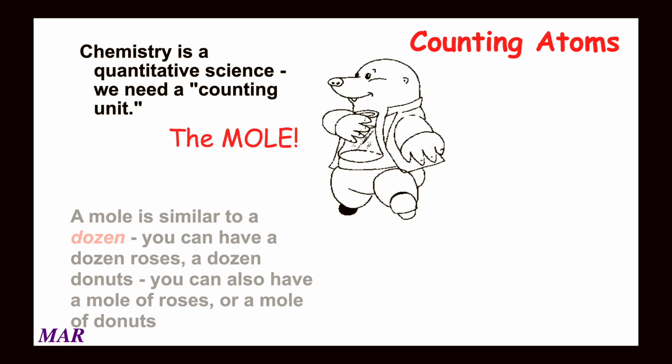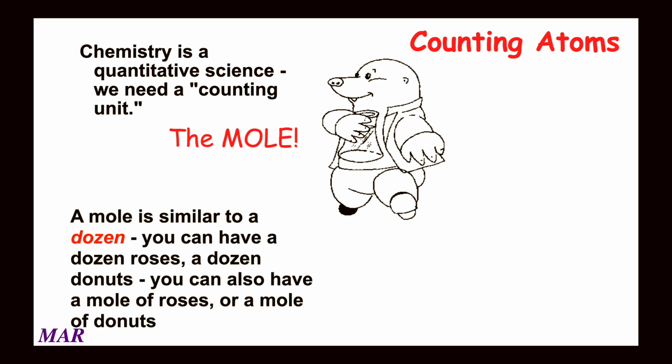Well, in chemistry, the counting unit is called the mole. And this little guy, who looks like the little dude that runs around your grass and makes holes, if that's a problem you have, the mole is actually the name of the counting unit. It's not the little creature that does that thing to your grass. A mole is kind of like a dozen, all right? If you're going to buy your significant other some roses, you might buy them a dozen roses, 12.